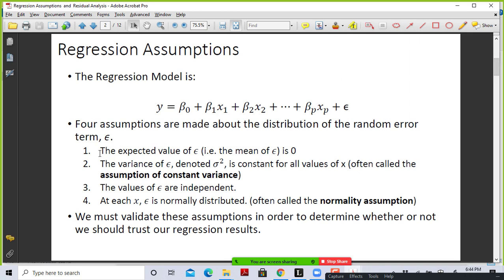The expected value of the epsilon should be 0. It should have constant variance. These are all the conditions that we must fulfill. Variance is constant, mean error is 0, then the epsilon values are independent and they are normally distributed.